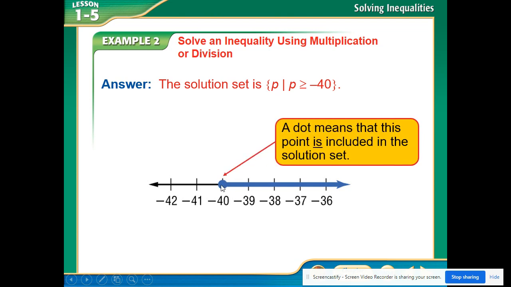So we have a closed-in dot here because it's including, because of the equal to sign. Remember, if it's not, we have an open circle. But it's closed in. Greater than, where are the numbers that are greater than? That's to the right. Notice how the symbol kind of tells you which way it's going. Greater than, that only happens when p is at the beginning. So it goes this direction and off to the right because those are all the numbers that are greater than negative 40.